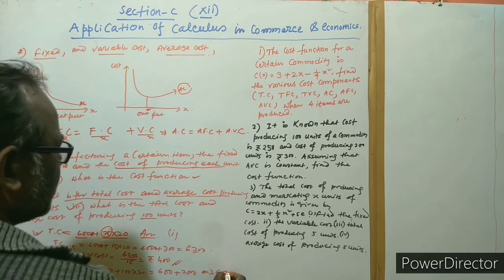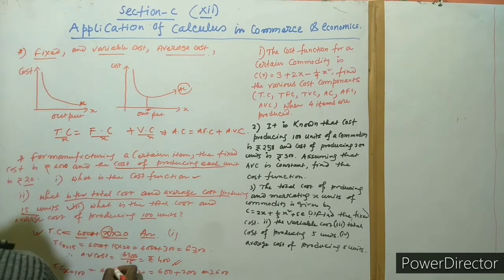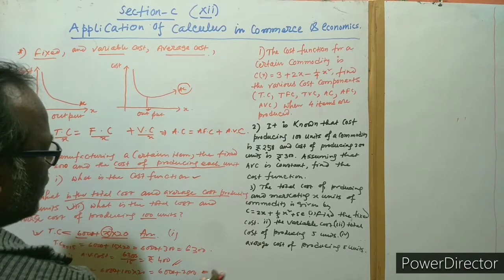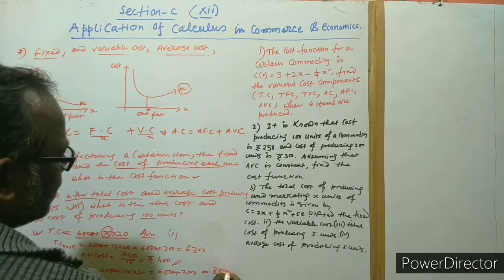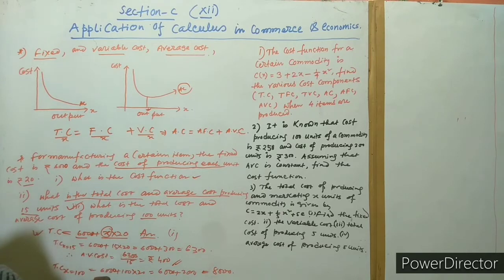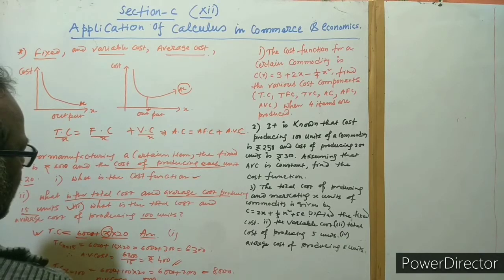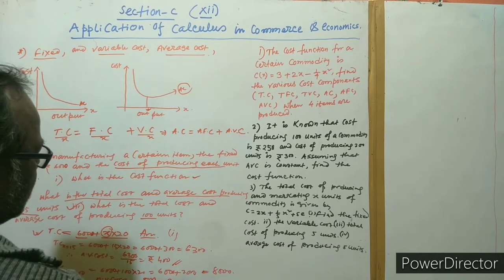So it is 8,000, and after that the average cost is equal to 8,000 divided by 100, that is rupees 80.